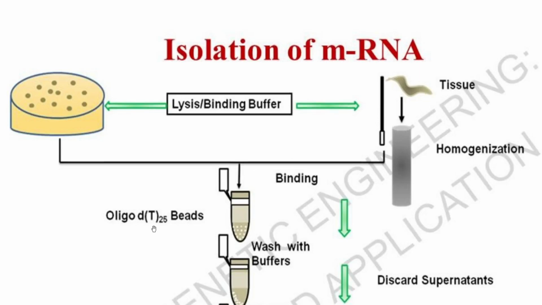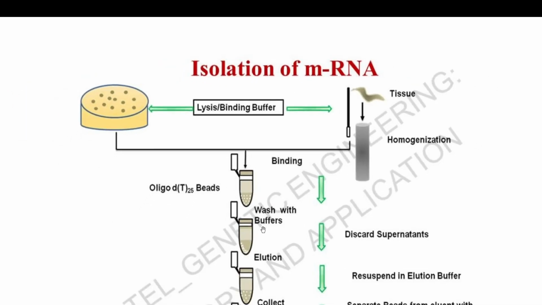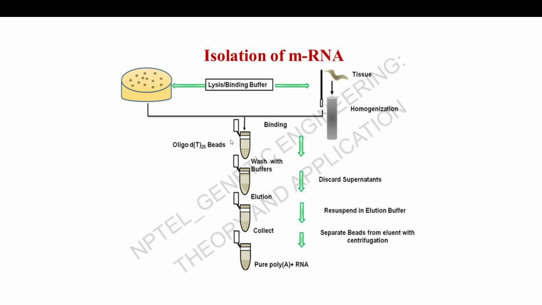So due to complementarity, the poly A tailed mRNA will attach to the beads, and you then treat it with different kinds of buffers so that the other biomolecules are washed away and your RNA of interest stays attached to the beads. And then there's the elution buffer.